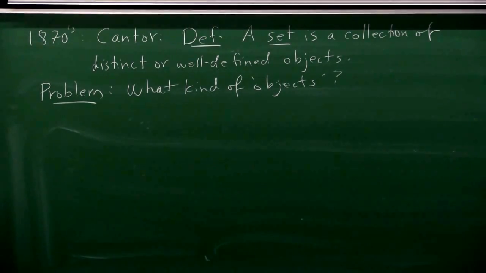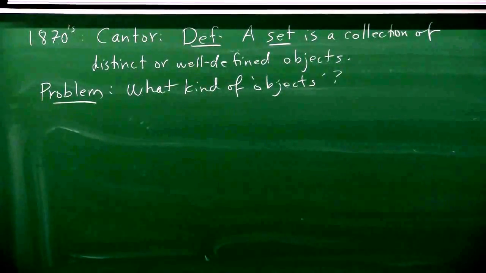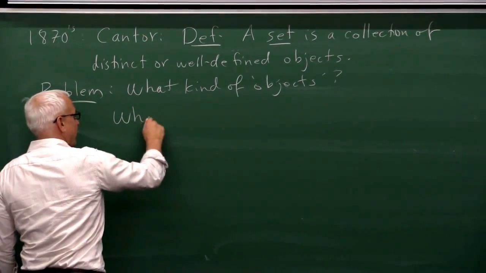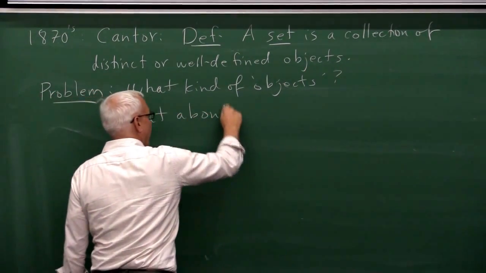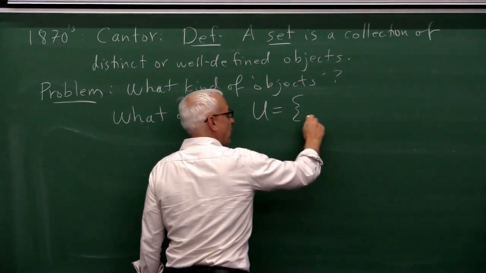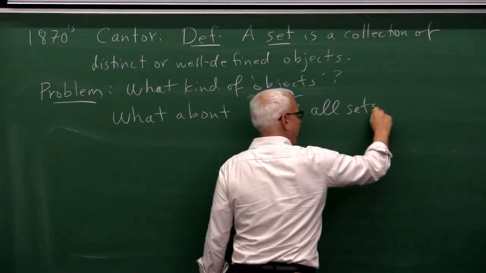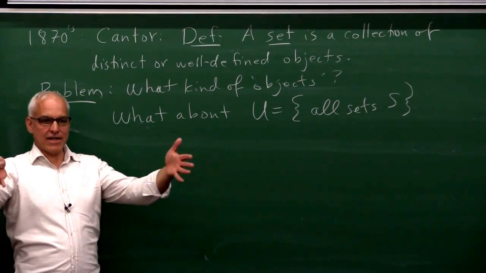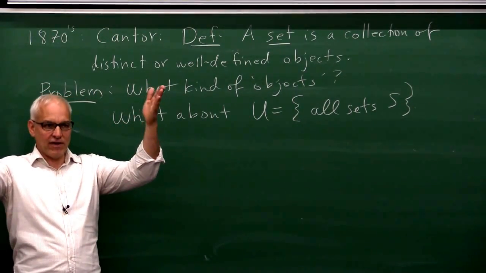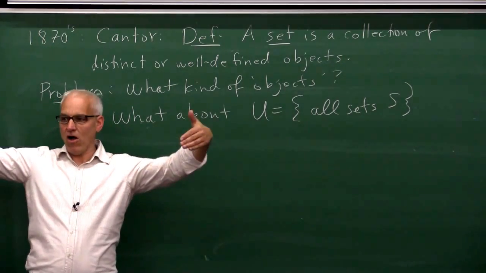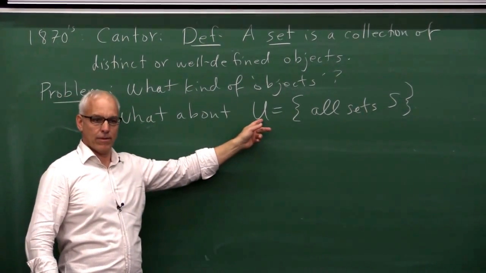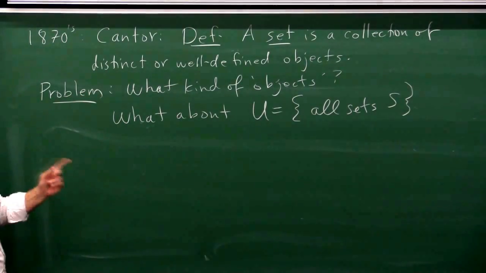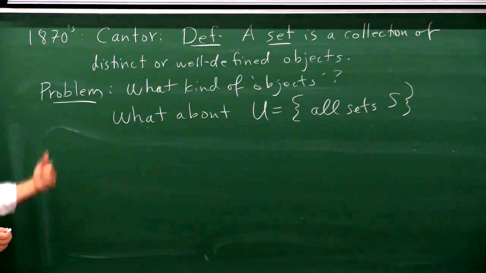But more than that, there was also self-referential kinds of questions. For example, what about, let's say, U, which is the set of all sets S? Now that we've defined sets, we have this idea of what a set is, so why can't we take the collection of all sets and call that U? Well, that's a very strange set because, first of all, it has a lot of things in it.